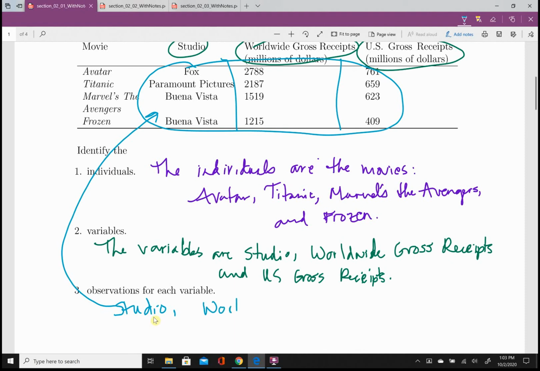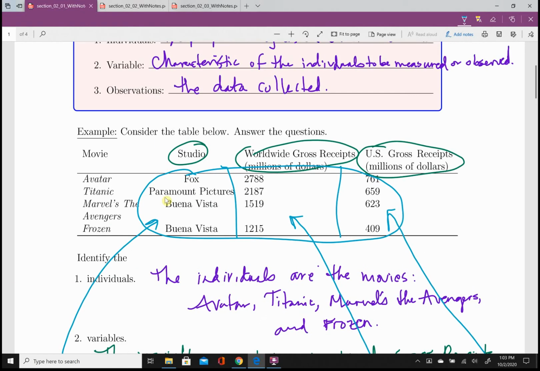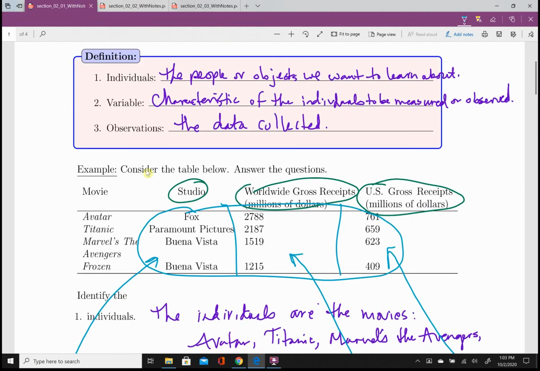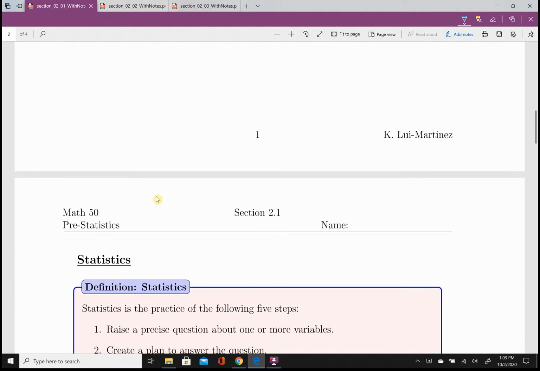So the worldwide gross receipts, spelled it right that time, that'll be this collection of numbers, and the US gross receipts. Almost spelled it wrong that time too. That'll be this collection of numbers in this group. Okay, cool. So what have we done here? We've defined some very fundamental statistical study terms, and we were able to identify them in this very simple example.